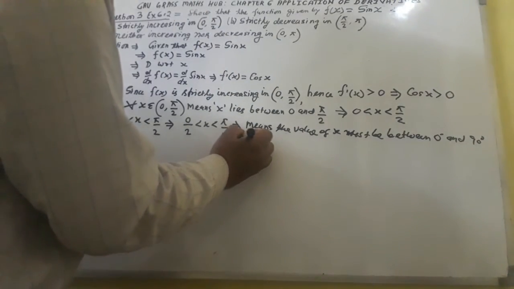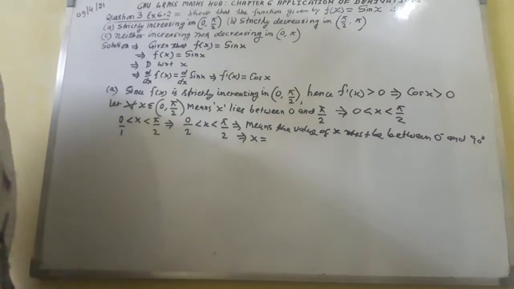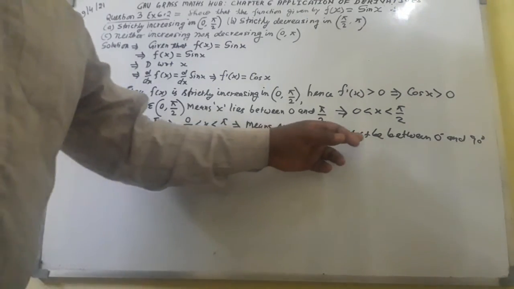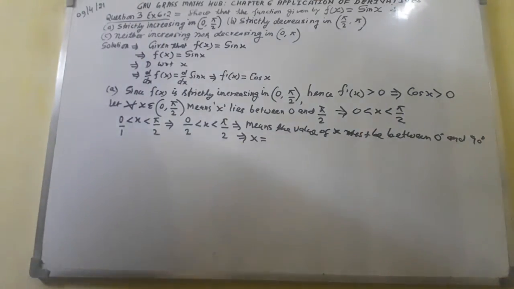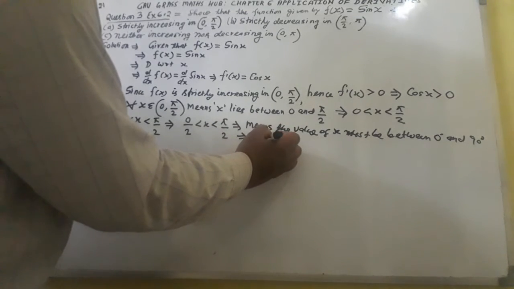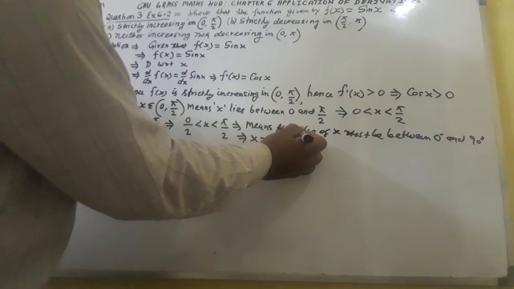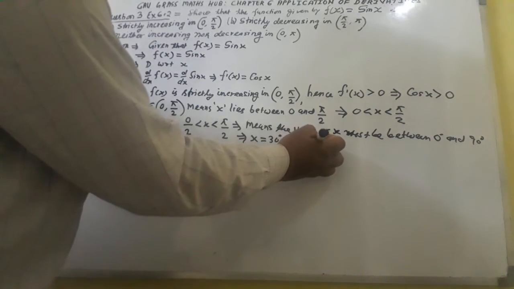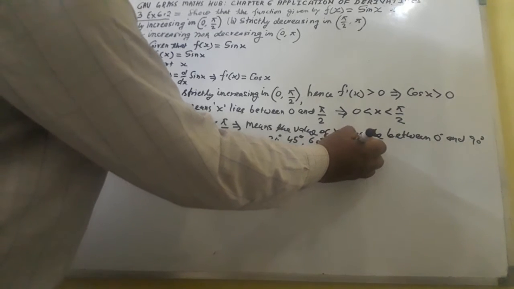So the value of x must be between 0 degree and 90 degree. The value of x I can take as 30 degree, 45 degree or 60 degree.